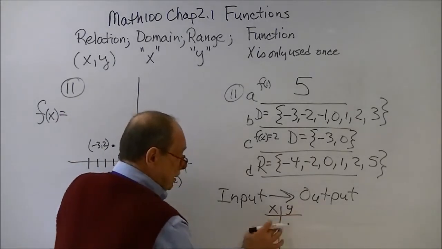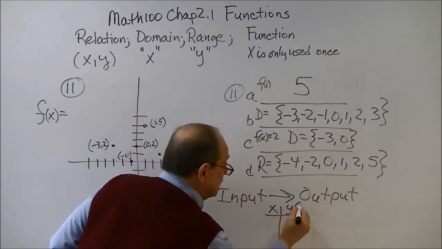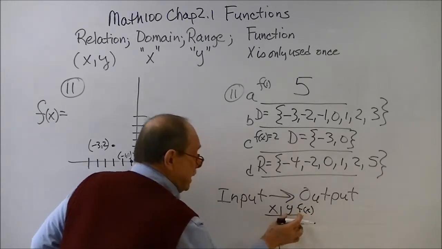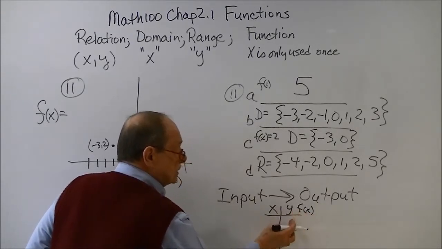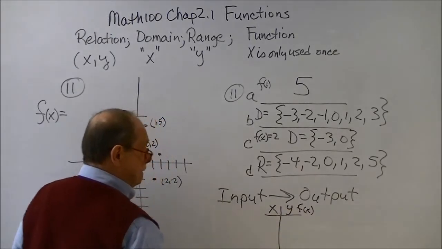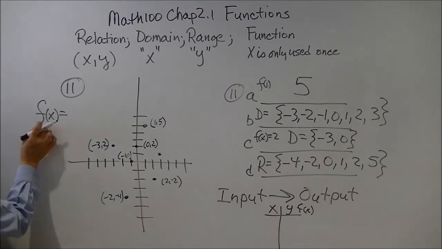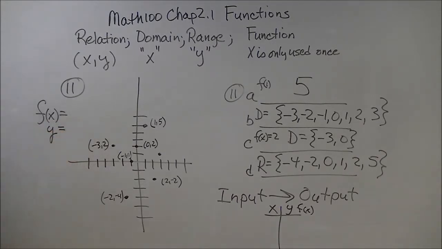But for the y in this T-chart, when they're referring to functions, it's often f of x, that the function notation can be replaced with the letter y. So you need to know that this function notation can be replaced with y. And that'll give you some background. You'll see how it works in a moment.